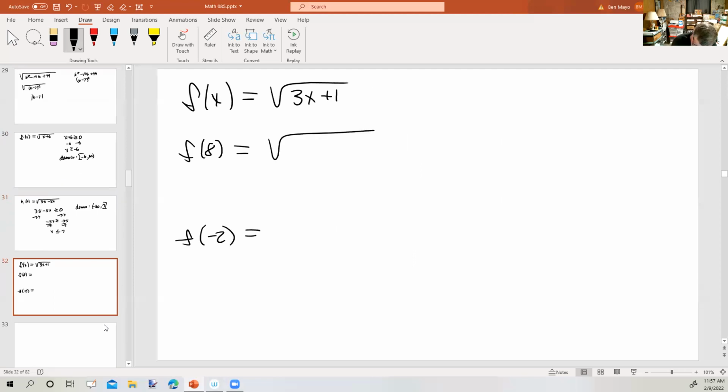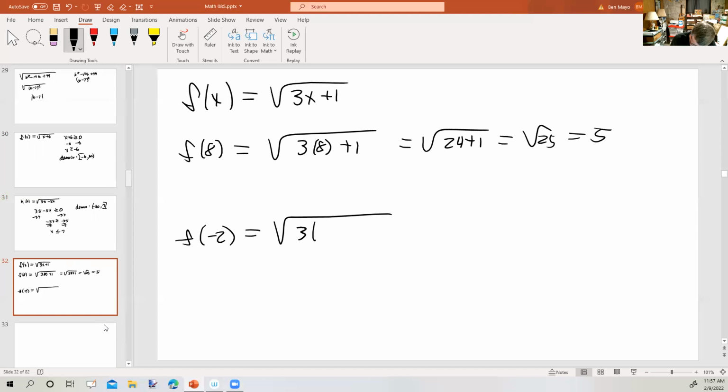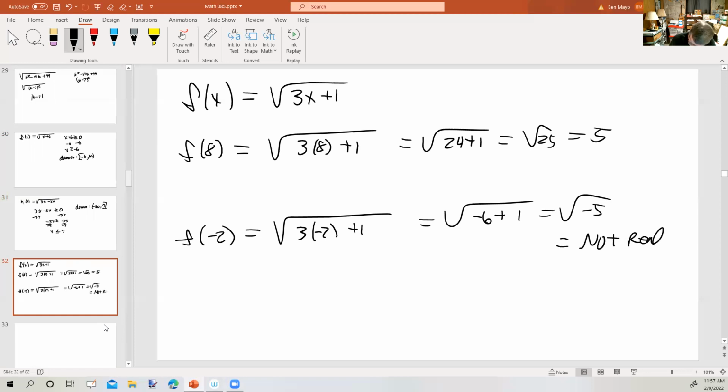F of 8 would be the square root of 3 times 8 plus 1, which is the square root of 24 plus 1, which is the square root of 25, which is 5. F of -2 would be the square root of 3 times -2 plus 1, which is the square root of -6 plus 1, which is the square root of -5, which is not real. Okay.